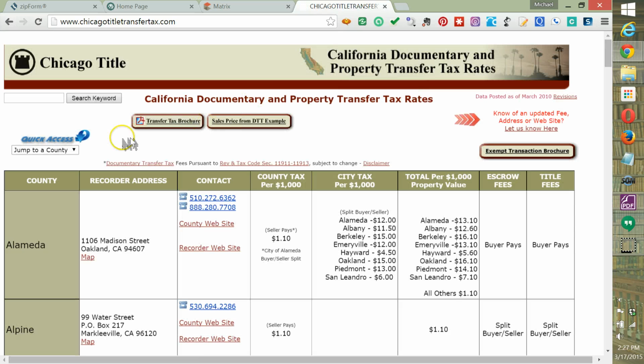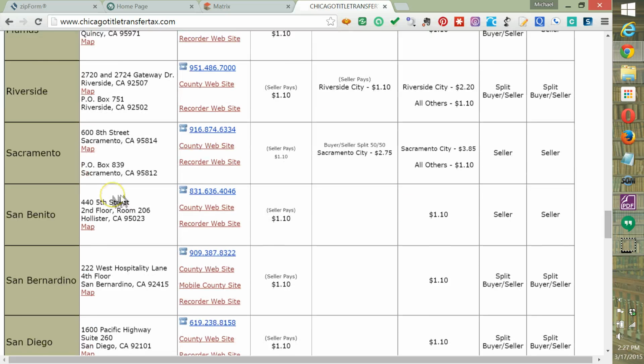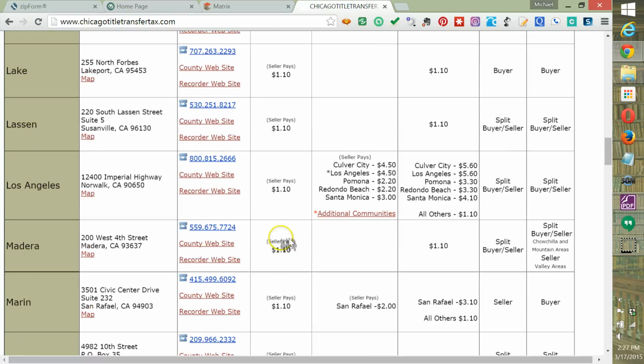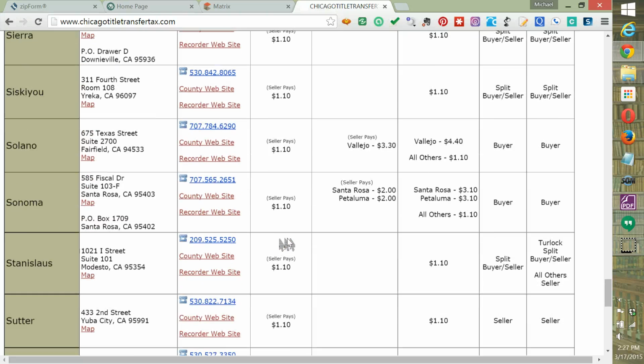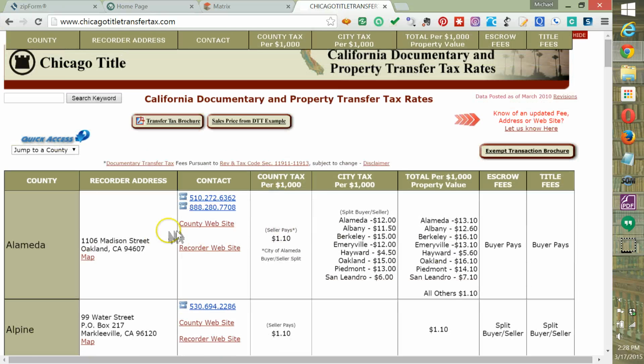I just don't know right off the top of my head what it is. What this does is give you a breakdown for every county in California. It tells you whether it is seller pay. Most of them are seller pays, but around here there are some buyer pay counties.